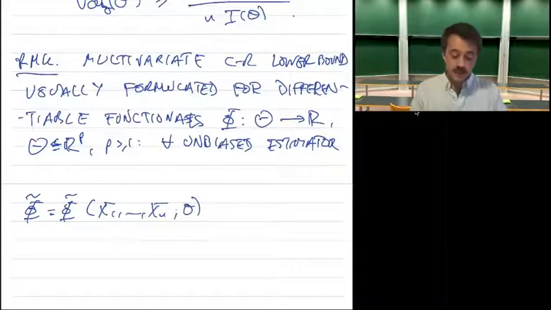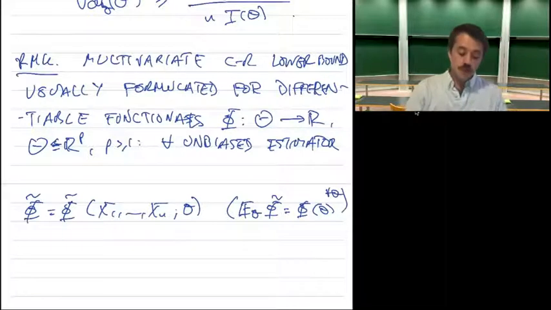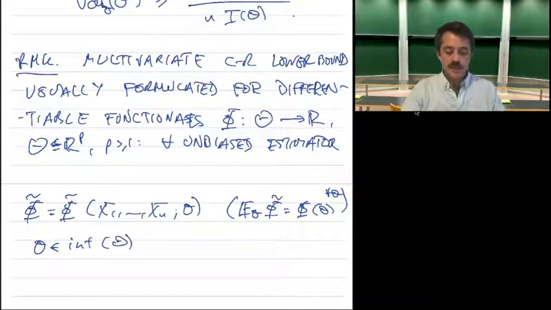And by unbiased in this case, I just mean its expectation is going to be just capital Phi of theta, and this is for all theta as well, as usual. And we need, as in all these results, theta to be in the interior of the parameter space.